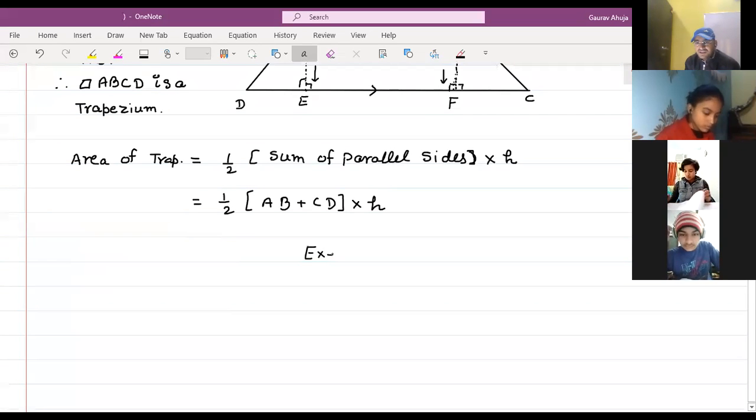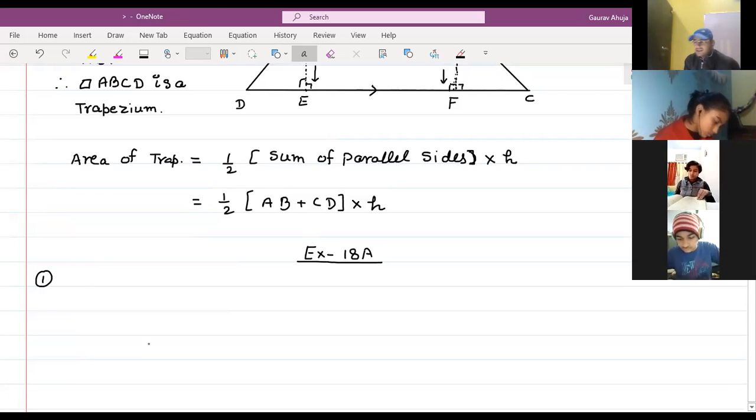Yes, the first and second questions we did earlier. Okay, let's try once more. Since we are starting this chapter, we are not skipping any question.